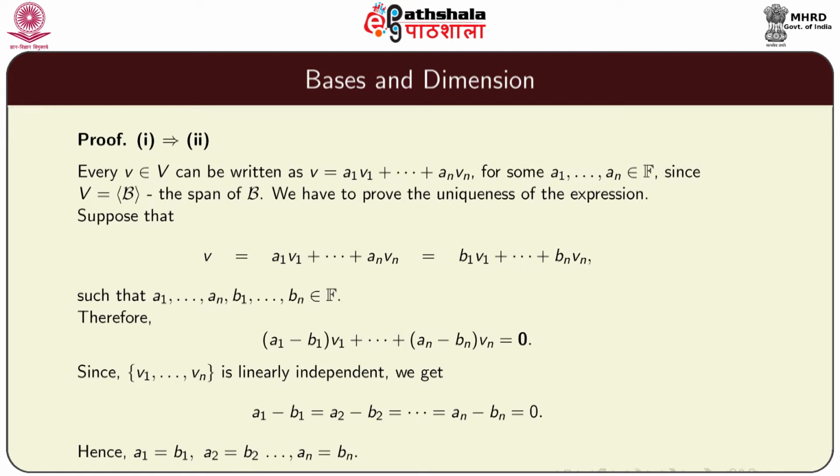Therefore, these scalars a1 minus b1, a2 minus b2, up to an minus bn must all be 0, and therefore, a1 is equal to b1, a2 equal to b2 and so on, an is equal to bn. This shows that v written as a linear combination of v1, v2, ..., vn is indeed unique.